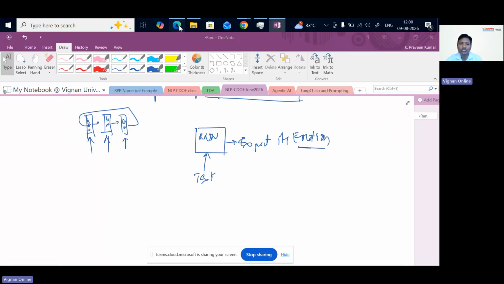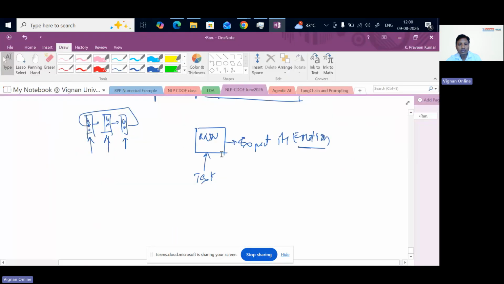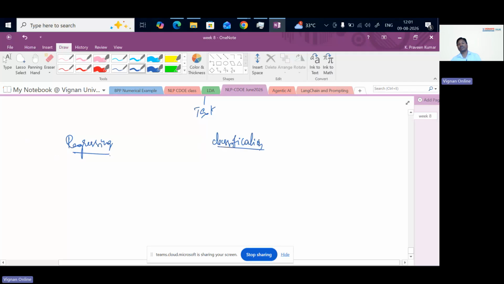Let us see the syllabus. What do we have? Simple recurrent neural network, basics of RNN and applications of RNN, use case of text processing. Here a lot of styles come into the picture. One is regression and another is classification.